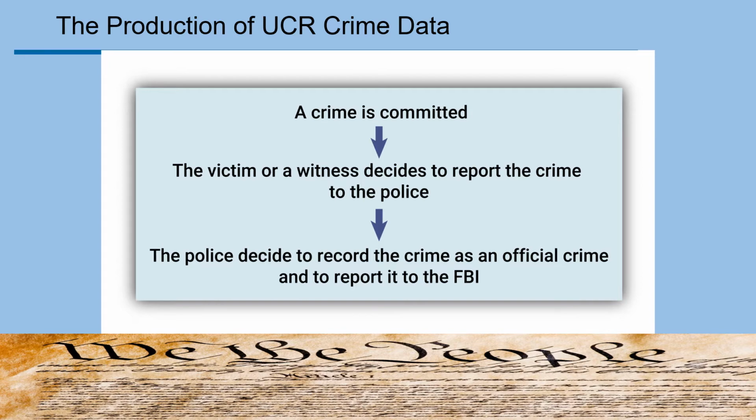All right, a couple other things in the UCR which cause underreporting or misreporting. One is the hierarchy rule. Under the hierarchy rule, police departments are instructed only to report the most serious crime that occurs during an incident. So the book uses an example of somebody stealing your bike.